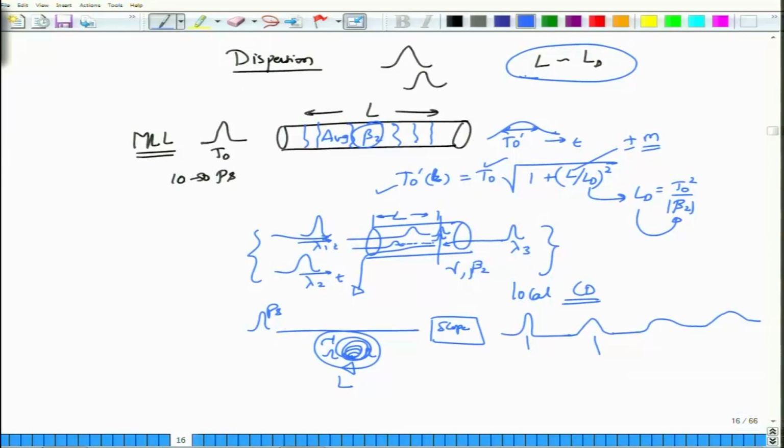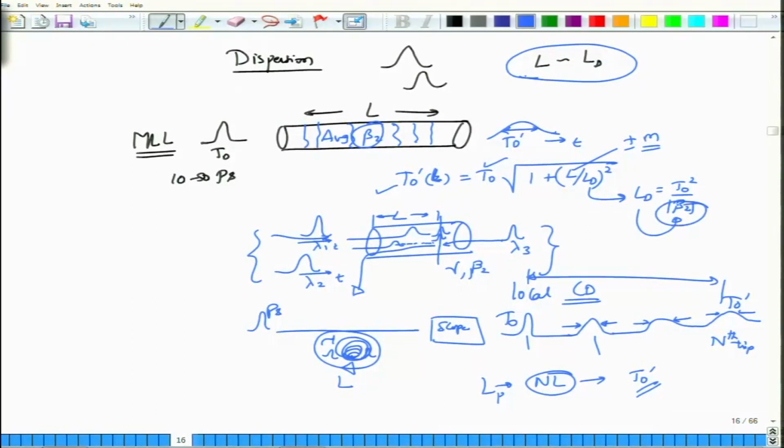By knowing the delay between the first one and the nth output, the pulse has propagated a total distance of NL, and in this NL the pulse has broadened to T0 prime compared to the original T0. You can take this as the length of propagation and, from the pulse width that you know, calculate the average value of beta 2.